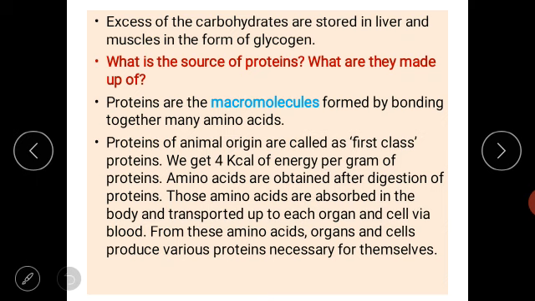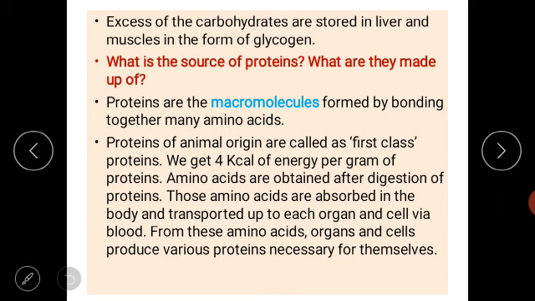Proteins are actually macromolecules formed by bonding together many amino acids. So many amino acids bond to each other by peptide bonds, and this bonding forms one complex protein.